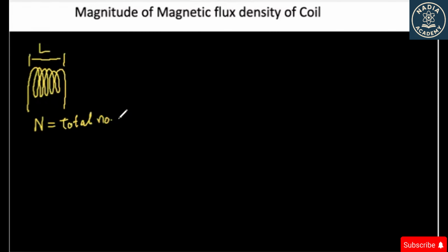And I is the current which is flowing through this coil that we have applied.